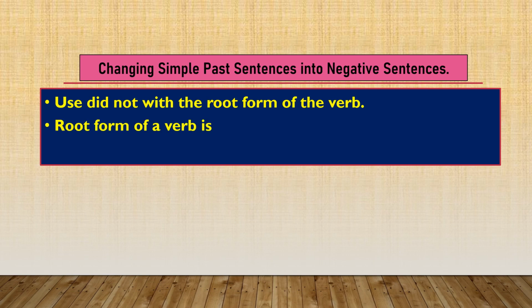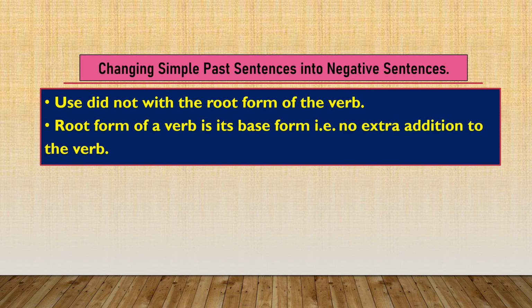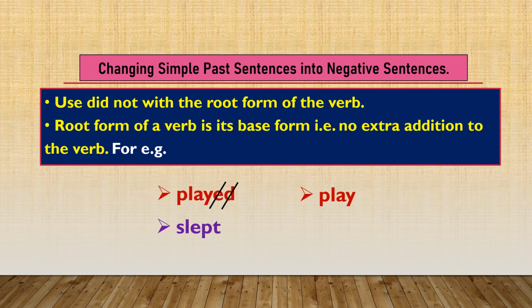Root form of a verb is its base form. That is, no extra addition to the verb. For example, played will become play. Slept will become sleep. Went will become go.